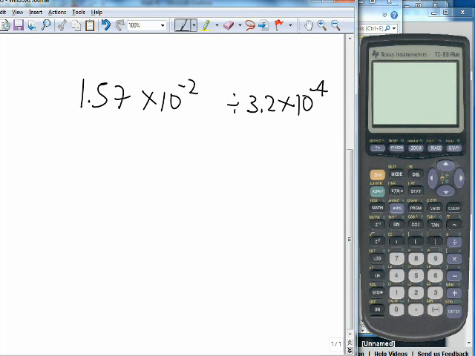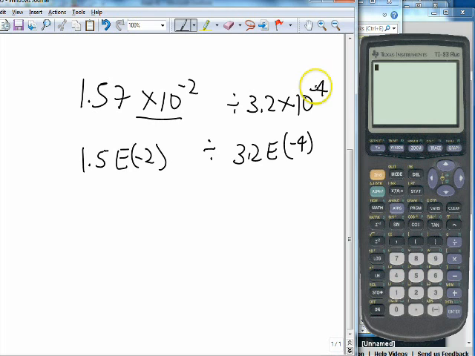Now, if you do it the typical way of putting parentheses and exponents and powers of 10, it's going to be somewhat of a mess. So we're going to just write it as in the computer. This is 1.5 times 10, so it's just E to the negative 2, divided by 3.2 E to the negative 4.